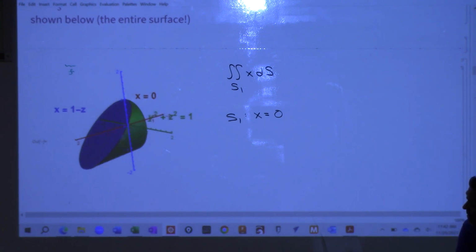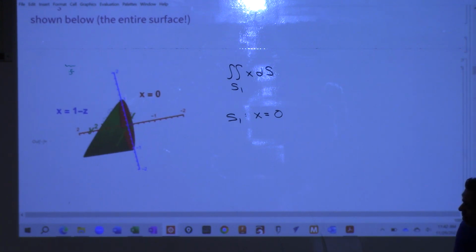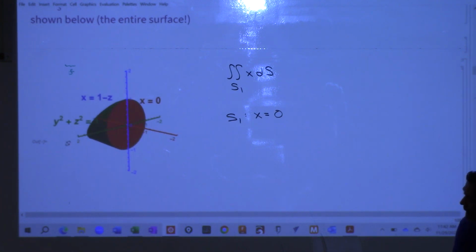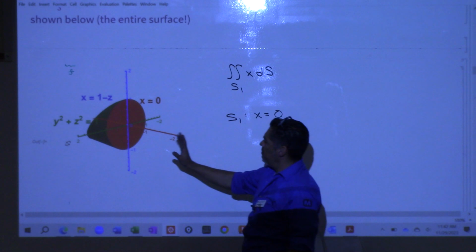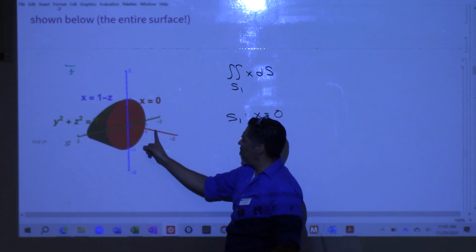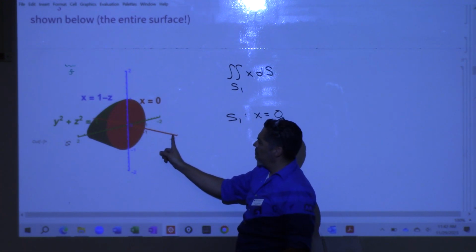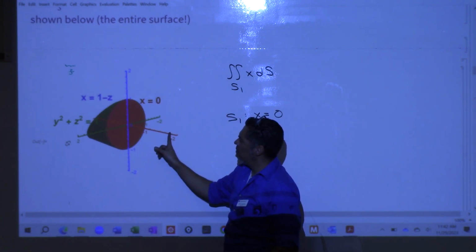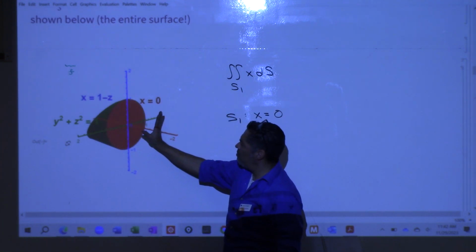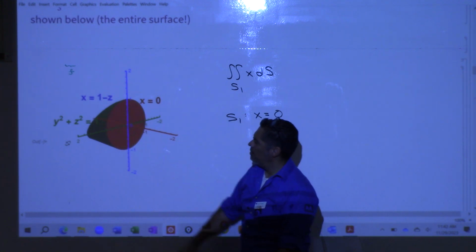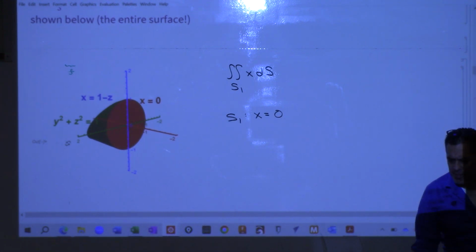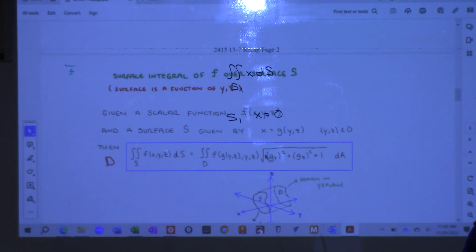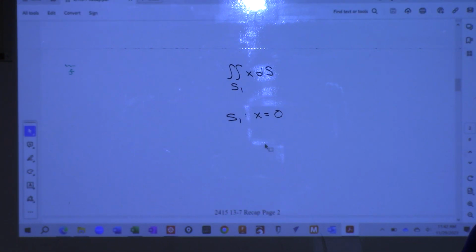Now, when I'm looking at this from the back, if you look at that red surface, which axis is this right here? That's the x-axis, right? So x equals 0, like this. Is this one of our special cases? You think so? Let's see. Let me scroll back up here.